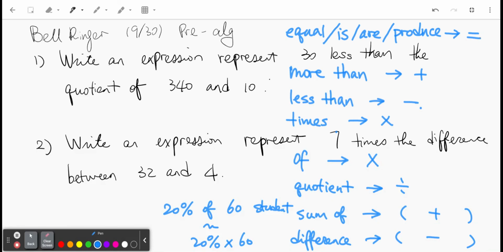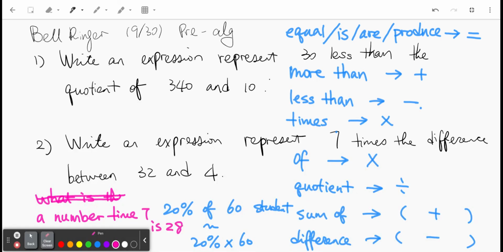For example, some questions in the future will say, a number times 7 is 28.